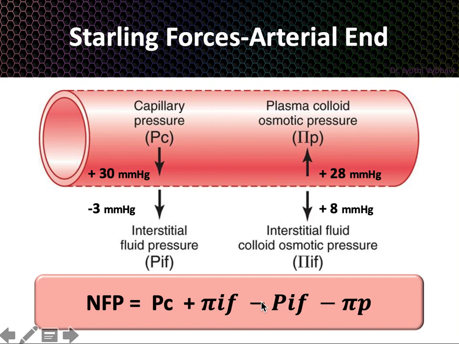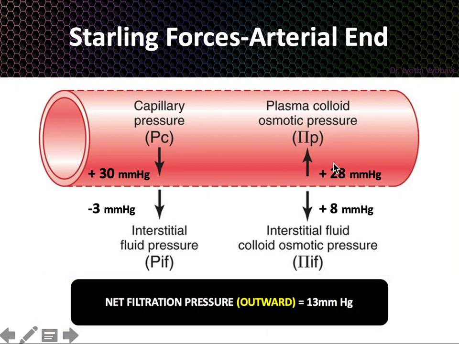Now if I substitute all the outward forces together, 30 plus 8 plus 3 is 41, minus 28, so it is around 13 millimeters of mercury outward. That is, the fluid is coming outside the capillary. Filtration is happening at the arterial end.